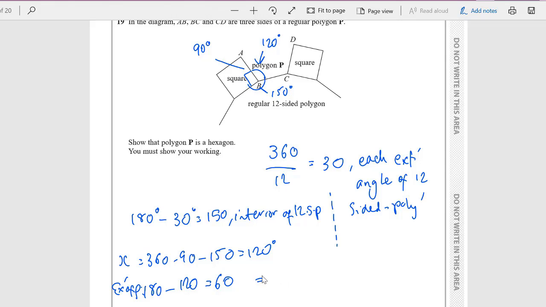So this implies that 360 divided by 60 gives you 6. So P has 6 sides. P is a hexagon.